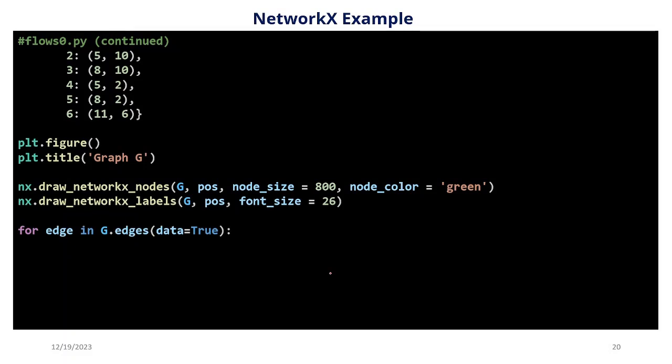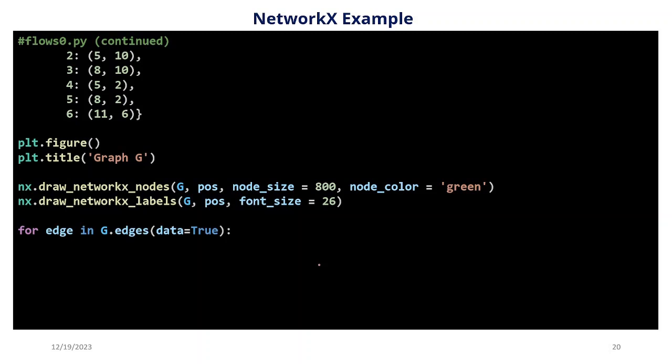We now want to draw the edges. But this time around, we don't just want to draw the edges using the edge label alone, the capacity. Rather, we want to draw the capacity and the flow value, so there will be two values. So take note, when we define the edges of the graph, we actually defined the flow value along with the capacity of the edges.